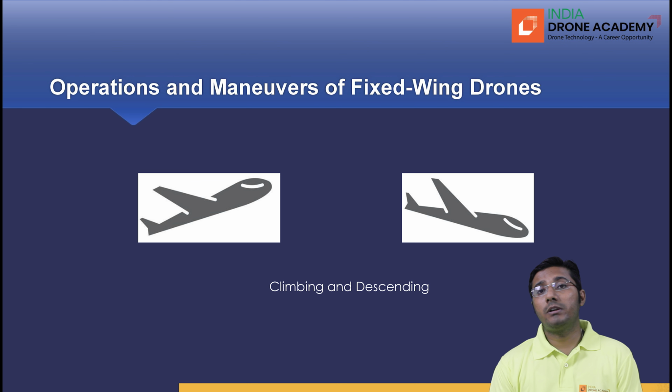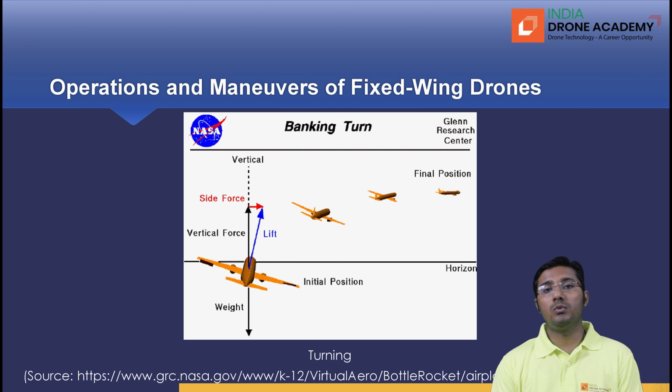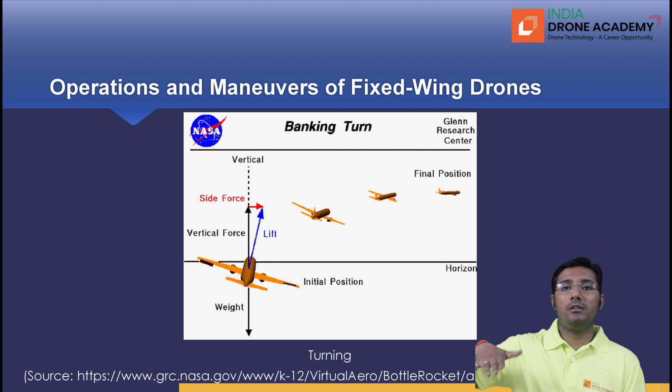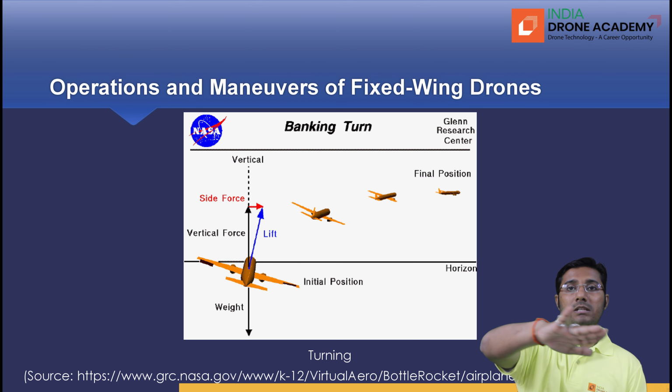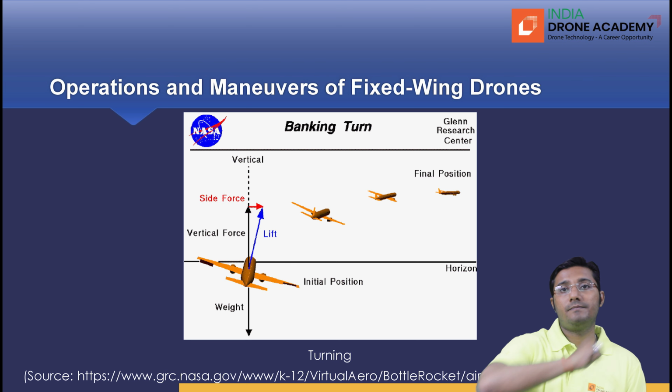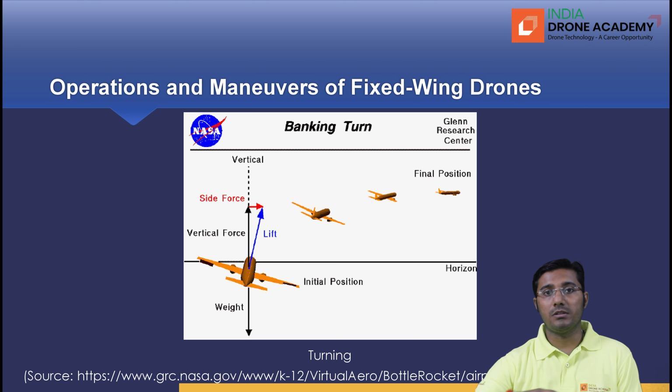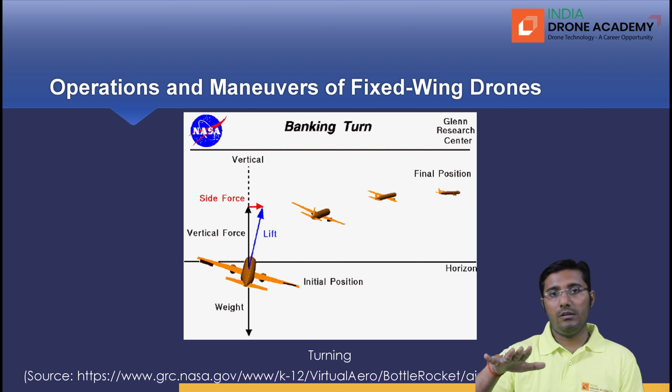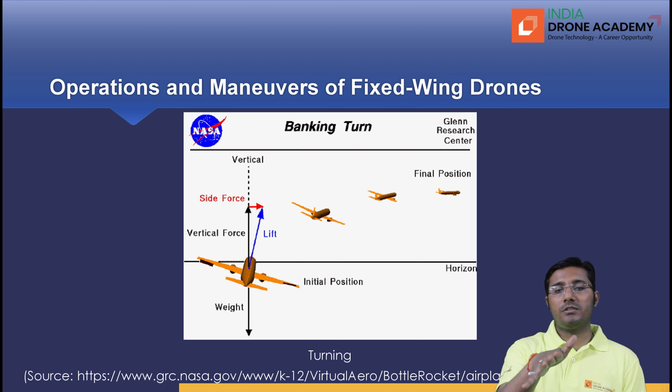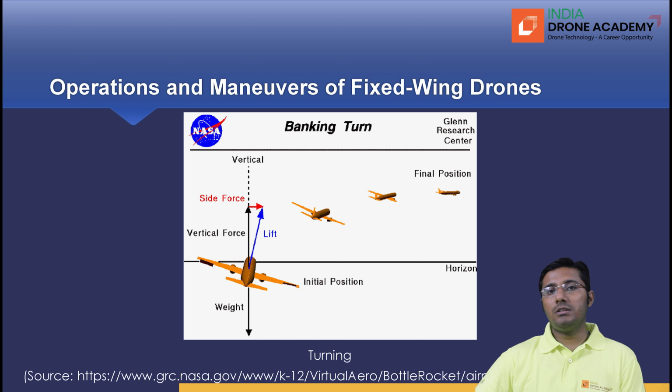Another maneuver which a fixed wing can perform is a banking turn. A banking turn refers to a simple flat turn, where the aircraft maintains its altitude while taking a turn. In this state, the aircraft has to use the aileron and rudder to deflect itself, and then it can take a turn.